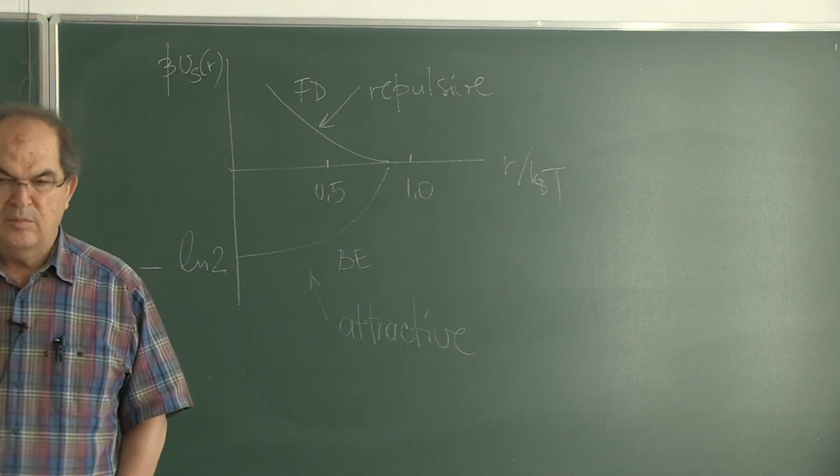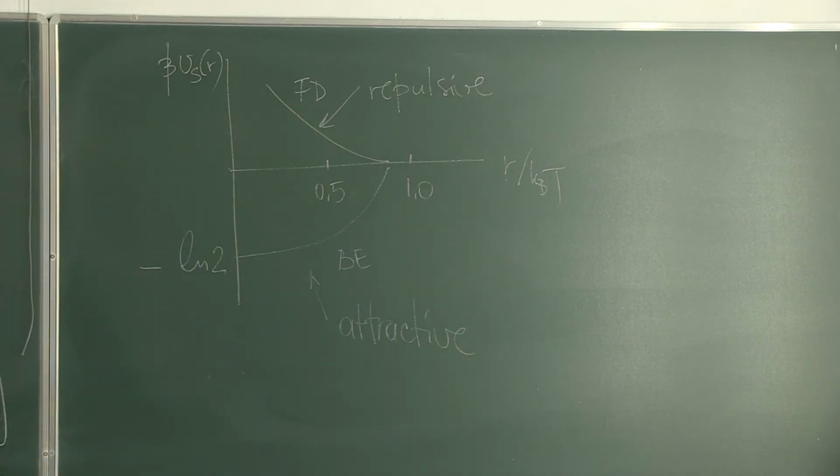So fermions repel each other effectively. They don't like to be in the same state. Remember the Pauli exclusion principle. But bosons effectively attract each other. They want to be together. They can be in the same state in large numbers.